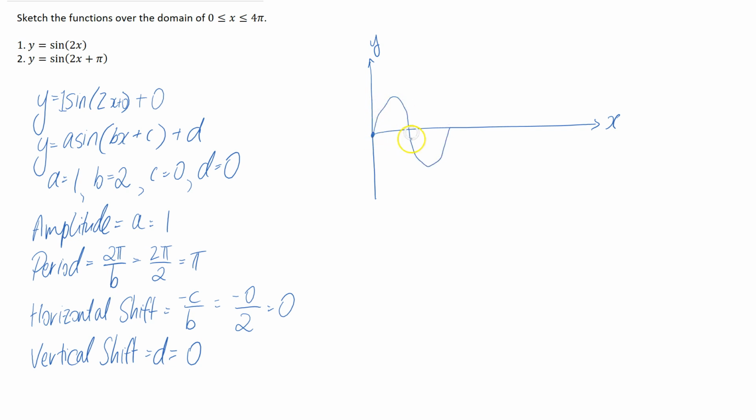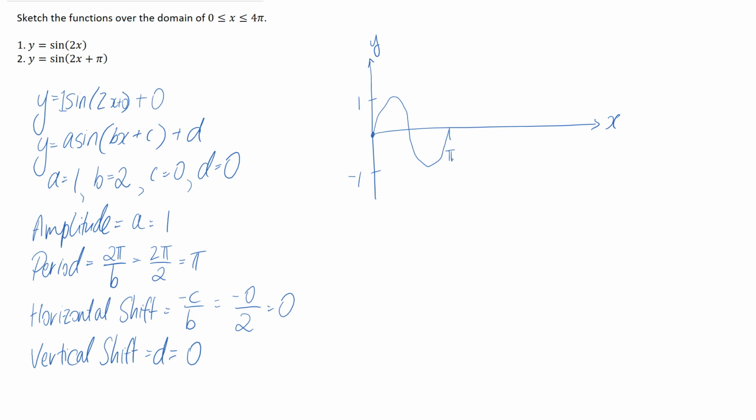So this here is one segment or one period of our function, and since the amplitude is 1, we know it's going to go all the way up to 1, and then all the way down to -1. What we also know is this one segment is going to have a length that corresponds to pi, the period of our function.